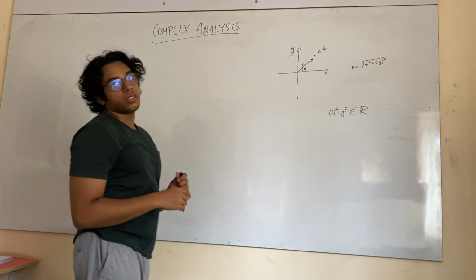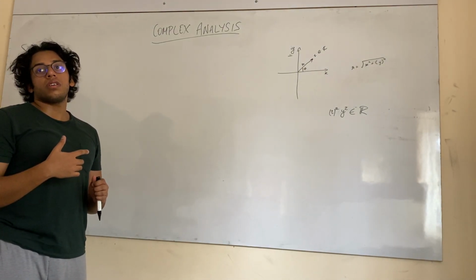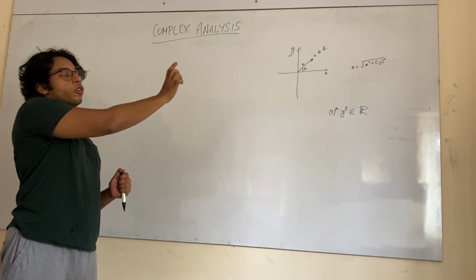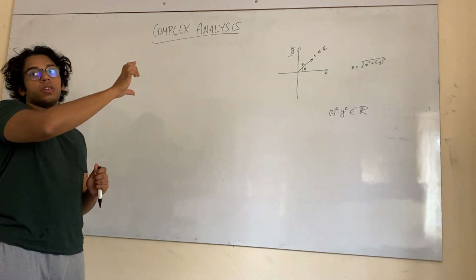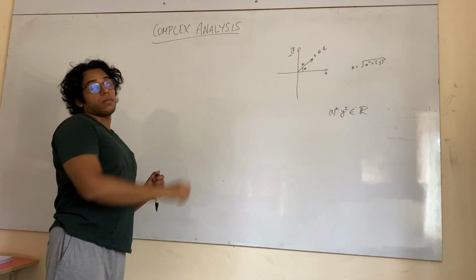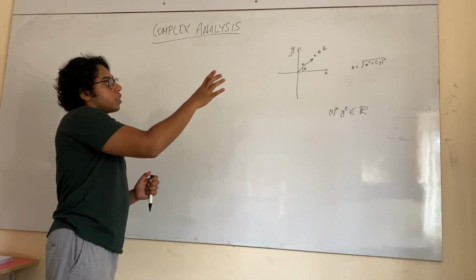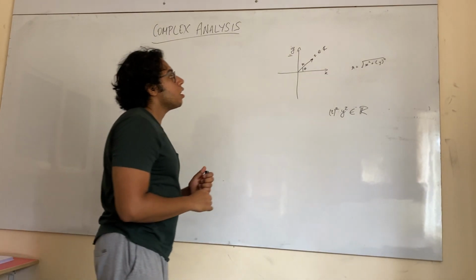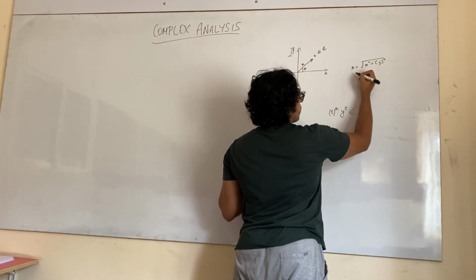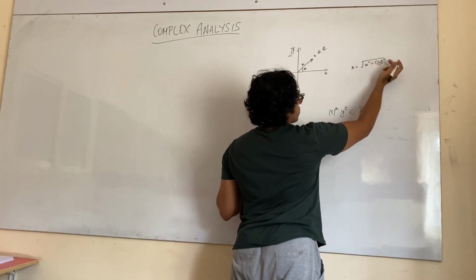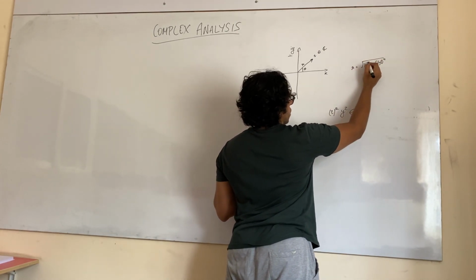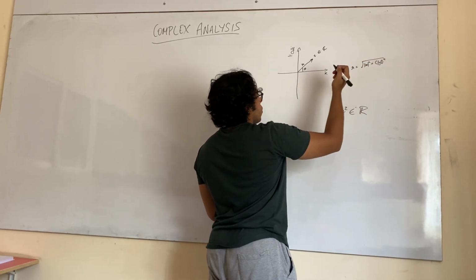because you're just dealing with the modulus. You're not really looking at the i there. So you just have the magnitude. In other words, this is written as the square root of the magnitude of x squared and the magnitude of y squared.